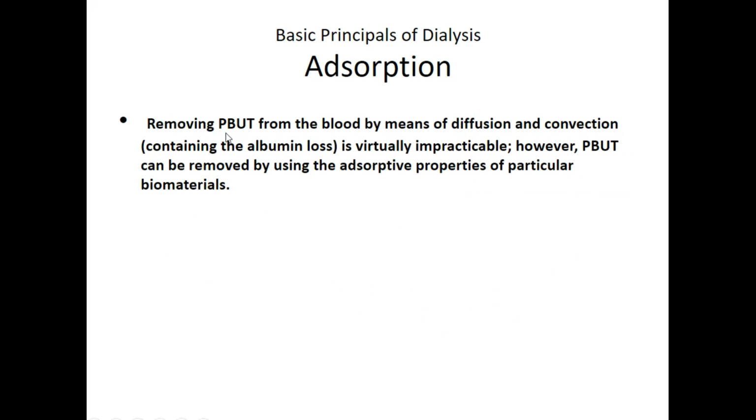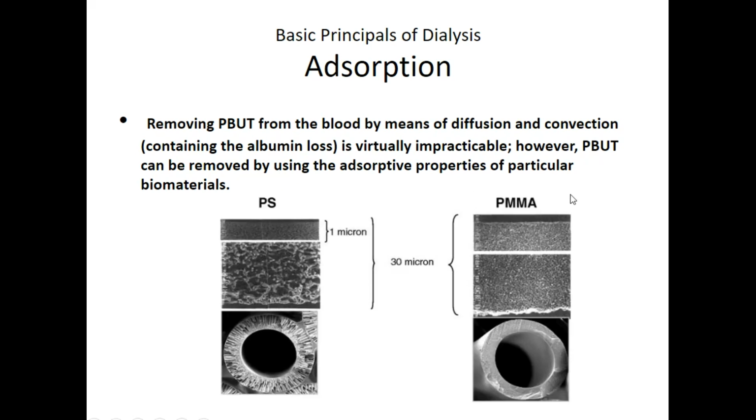Important in removing protein-bound uremic toxins from the blood, and these protein-bound uremic toxins removal by means of diffusion or convection is virtually impracticable. However, protein-bound uremic toxin can be removed by using the adsorptive capacity and the properties of particular membranes, while PMMA membrane has higher adsorptive capacity than polysulfone.